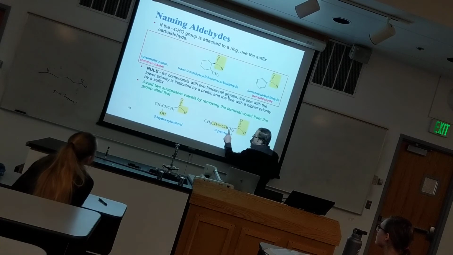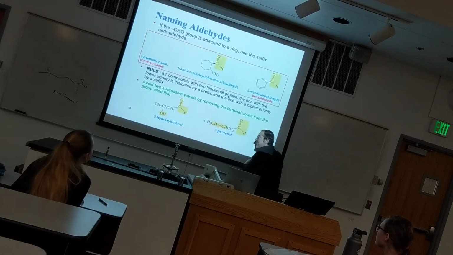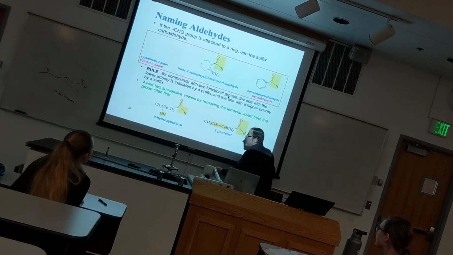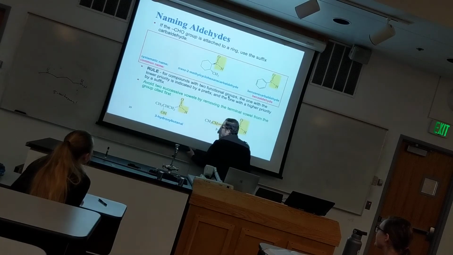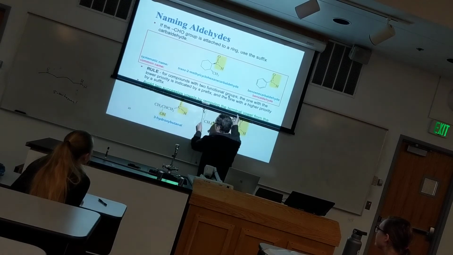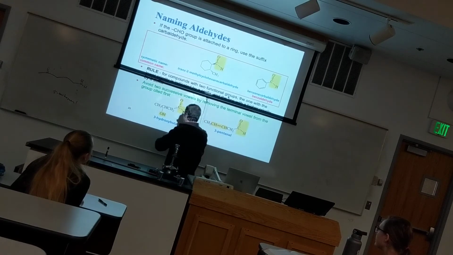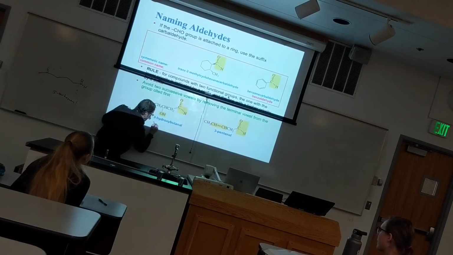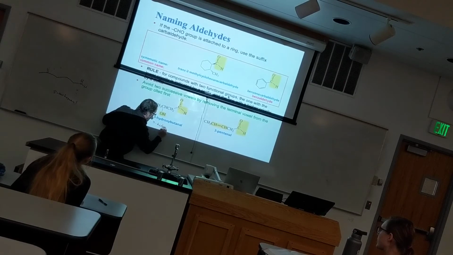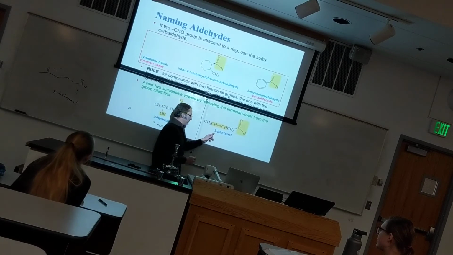This is a 1, 2, 3, 4, 5. So it's a pentenal, and we don't have to put the 1 here. But if it helps anybody, we actually could name them like this: 3-hydroxy-1-butanal. Okay?